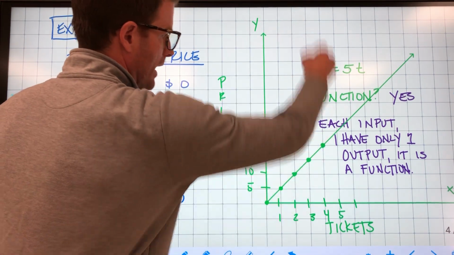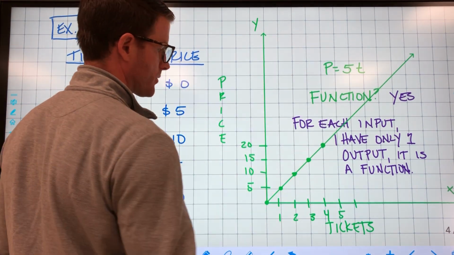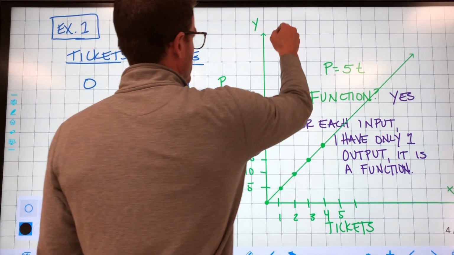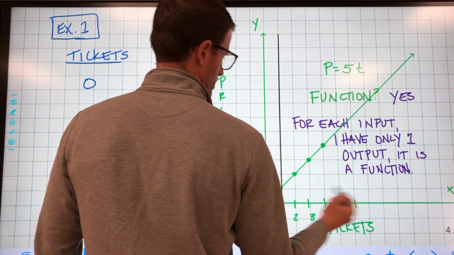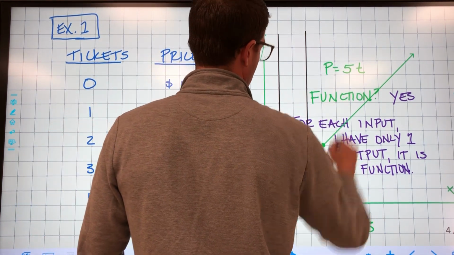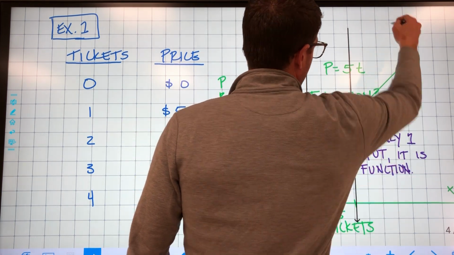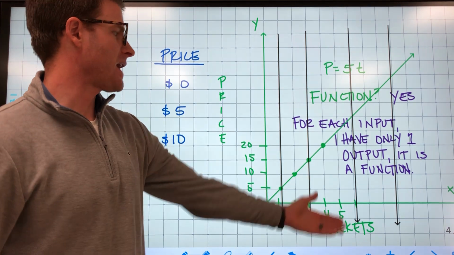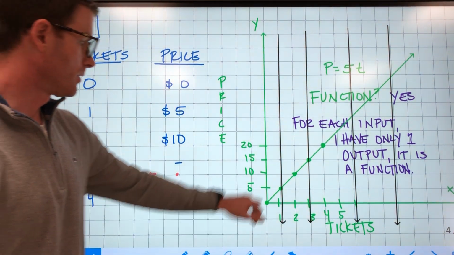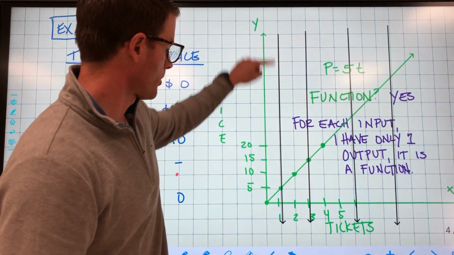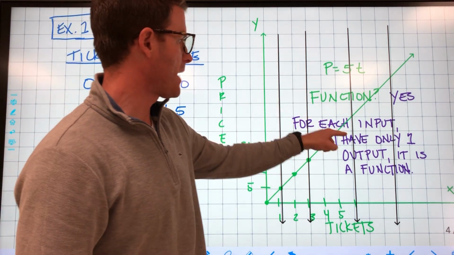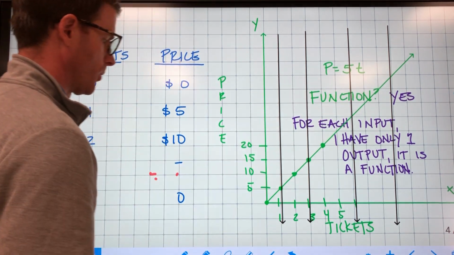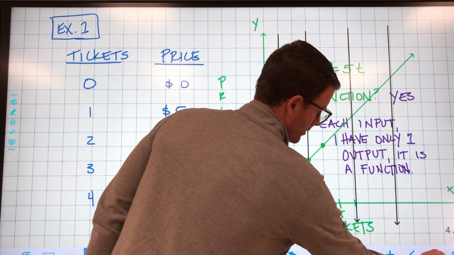If I draw a vertical line through this graph and it passes through more than one point, it's not a function. Do any of these black vertical lines pass through more than one point? No, each of these vertical lines intersects only in one spot with the green line. So therefore it is a function.